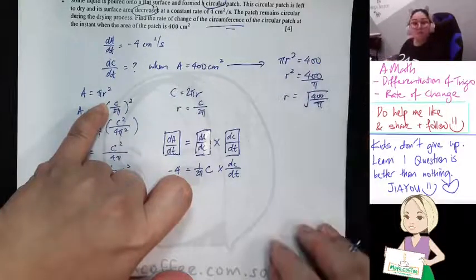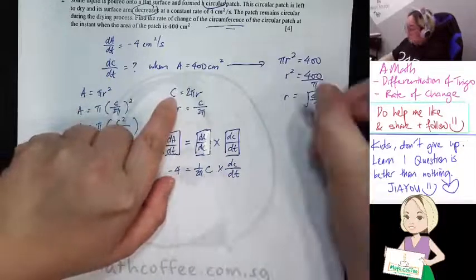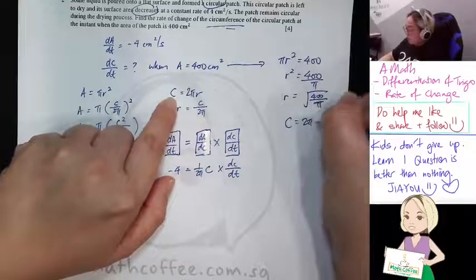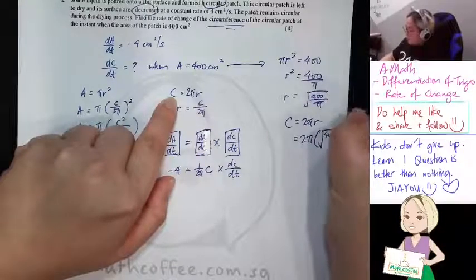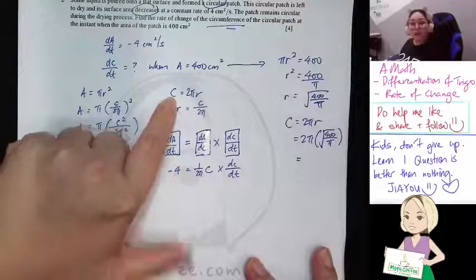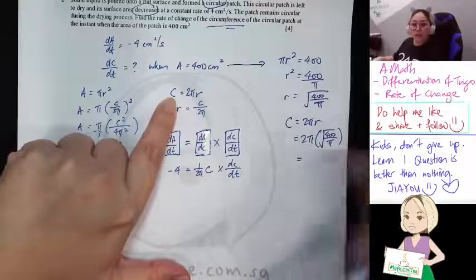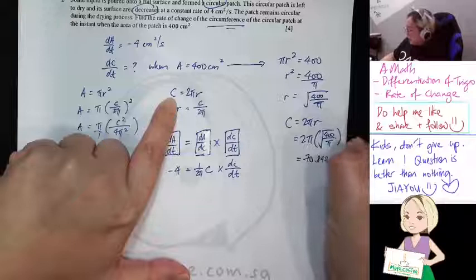I want my C, so I have to use my C, which equals 2 pi r, which is 2 pi multiplied by square root of 400 over pi. Of course, press the calculator and you will get 70.89815.